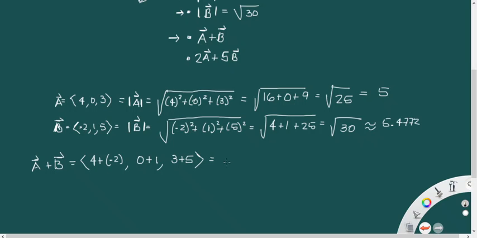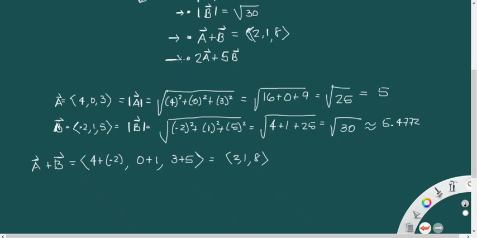Okay, and that is equal to 2, 1, 8. So this result is equal to 2, 1, 8. And that's the result of the addition of A and B.